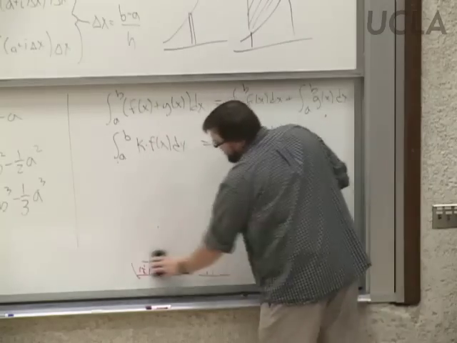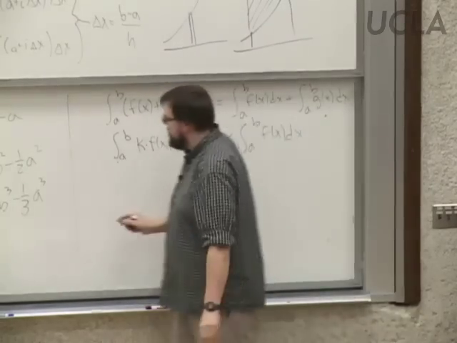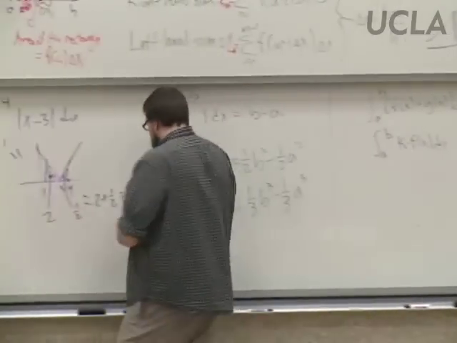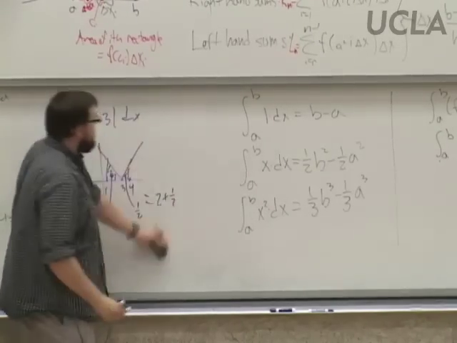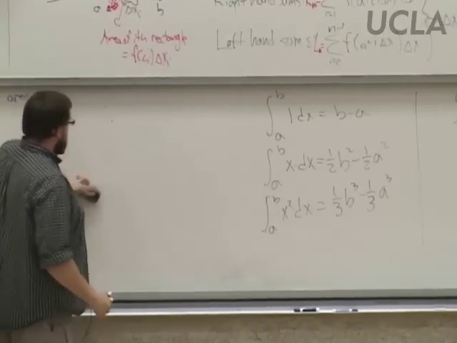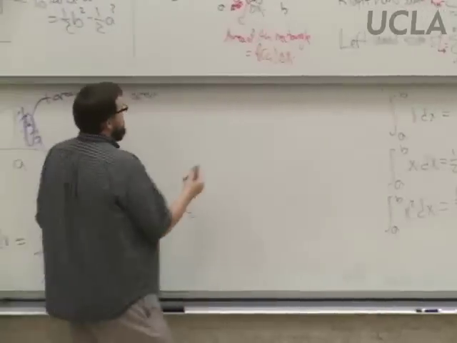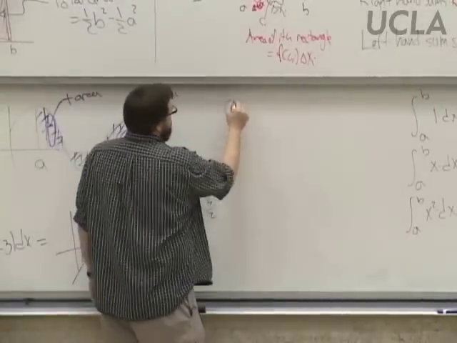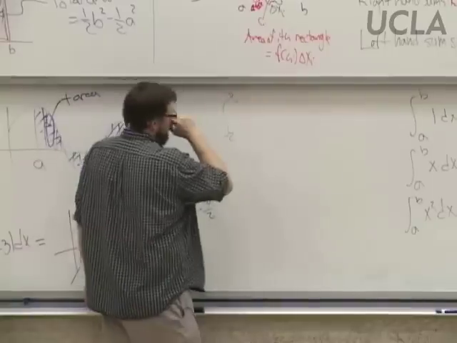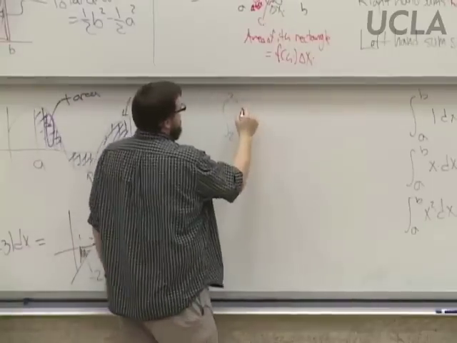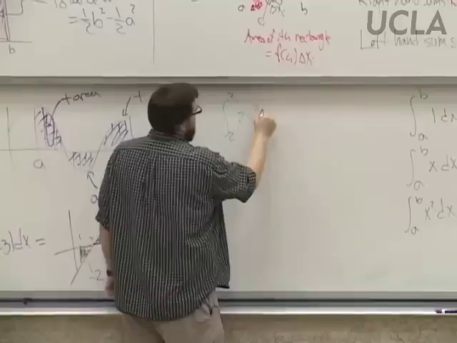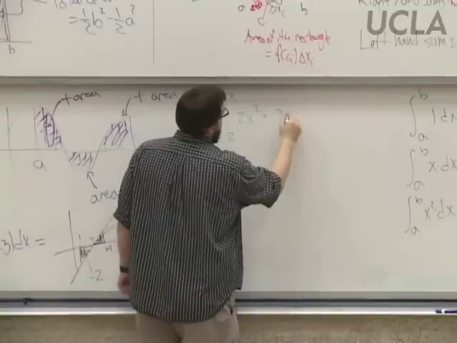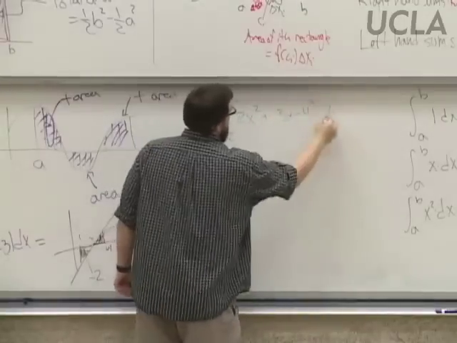We can use these two facts in conjunction with what we have here. Now we can find all sorts of integrals, namely anything which is just a quadratic equation. So if I want to find the integral from 2 to 3 of, say, 2x squared plus 3x minus 4 dx.